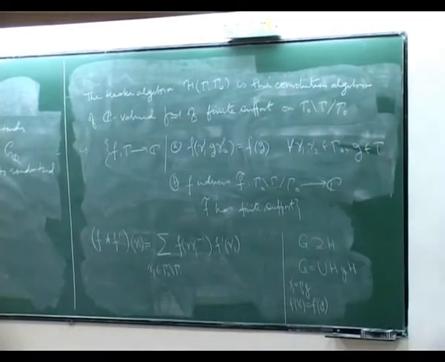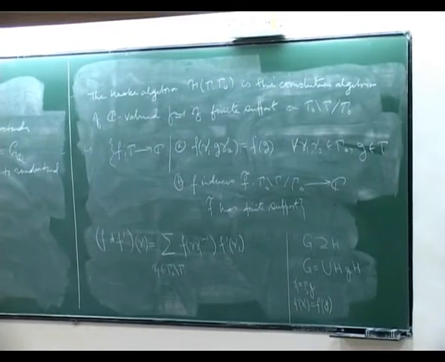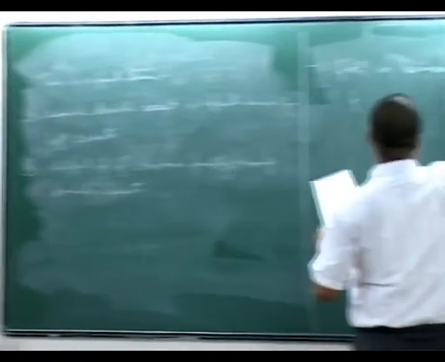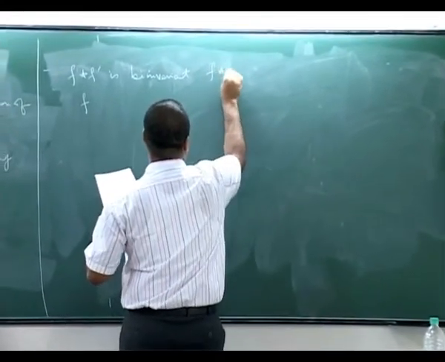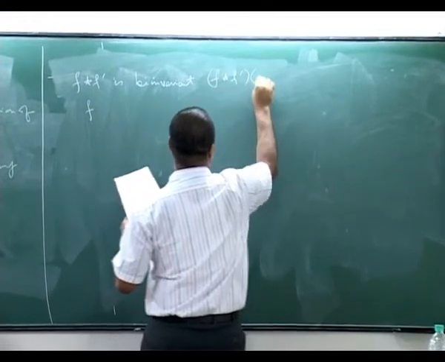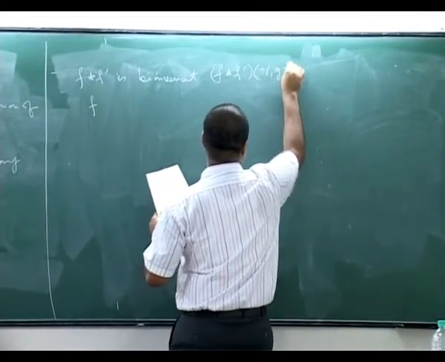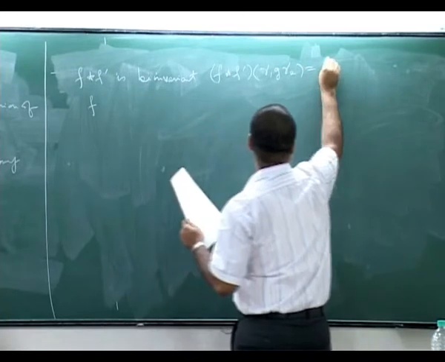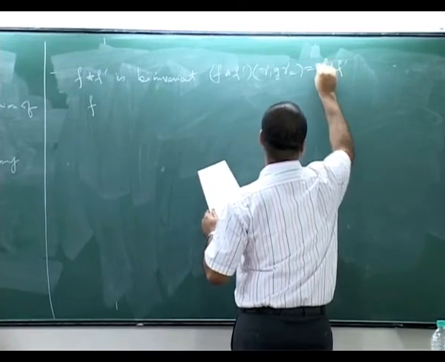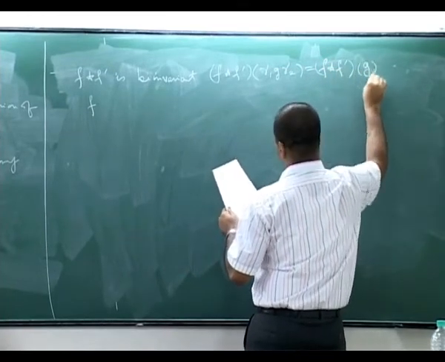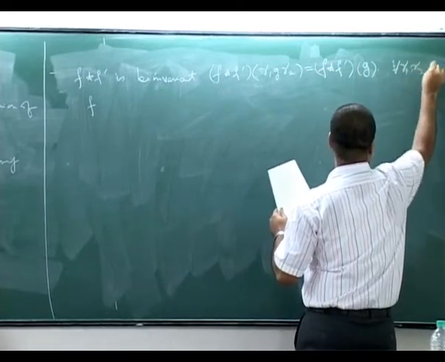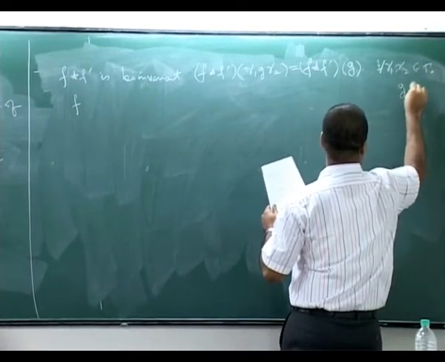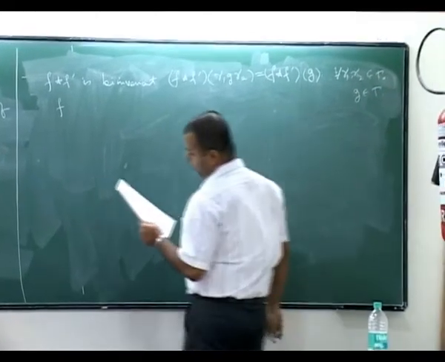So this is bi-invariant. Let us try to compute this quantity. Bi-invariant means I need to prove that f star f prime of gamma 1 g gamma 2 is the same as f star f prime of g, for all gamma 1, gamma 2 from gamma naught and g from gamma.